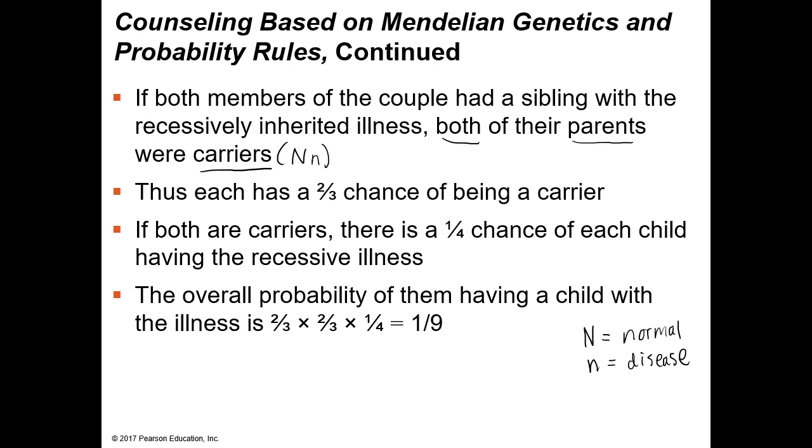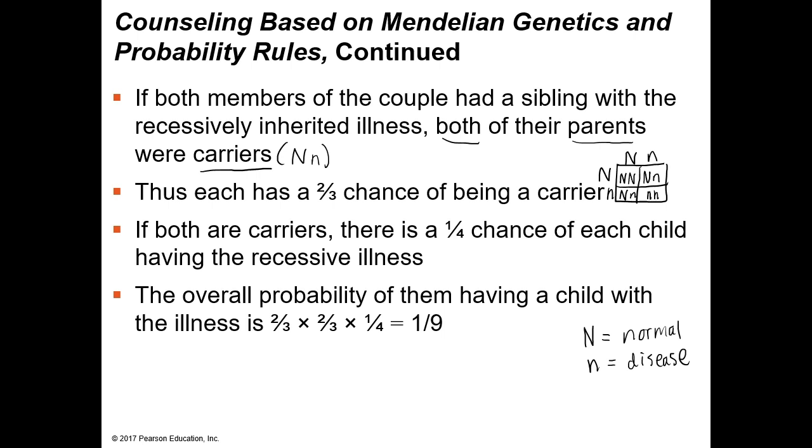Okay, so if we do a Punnett square right here, we're going to put the heterozygotes on the left and the right. And we're going to get this ratio here, our 3:1.